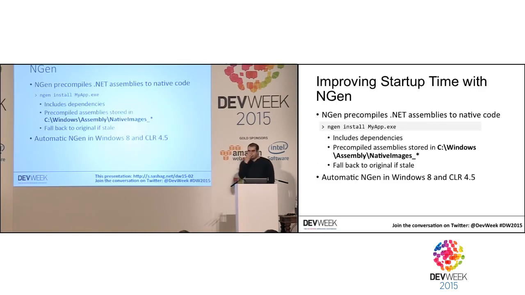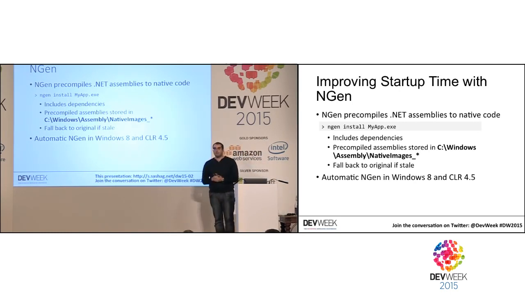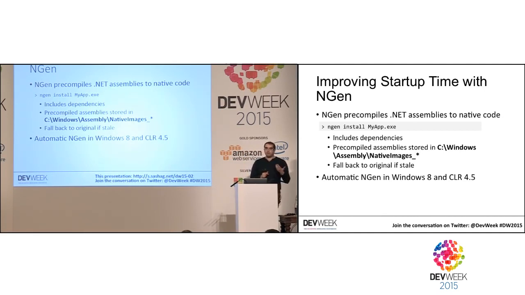So we have several approaches. Some are more familiar, some are newer. The easiest thing you can probably try is NGen, native image generation. I assume some of you have already heard about this option. It's a tool that ships with the .NET framework from day one. It's not new at all, and it can pre-compile your .NET code.